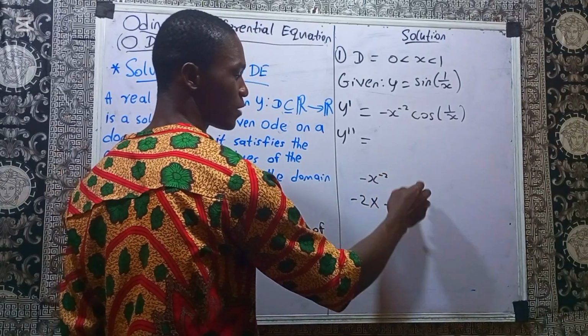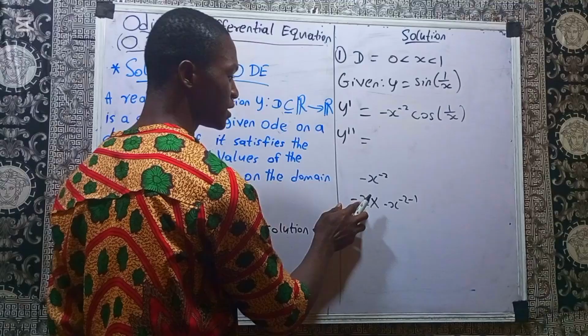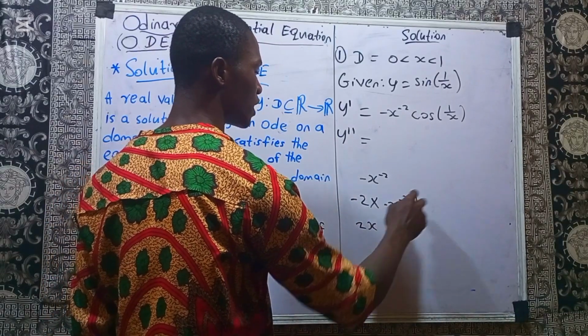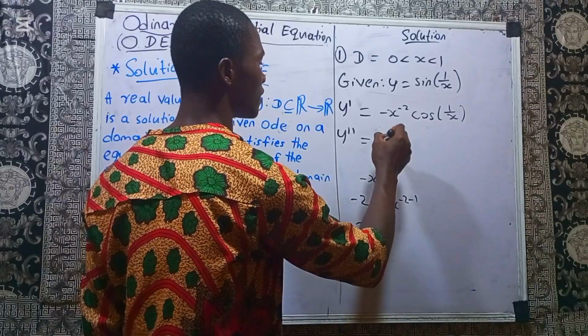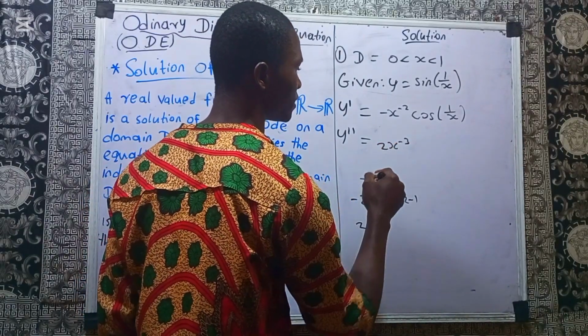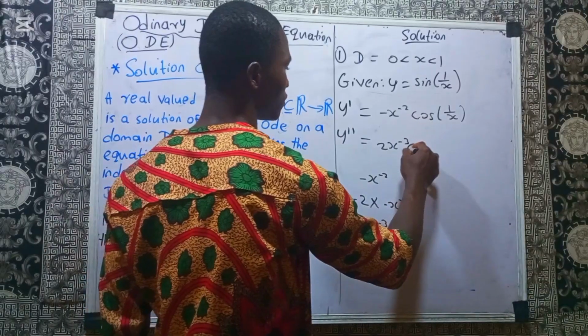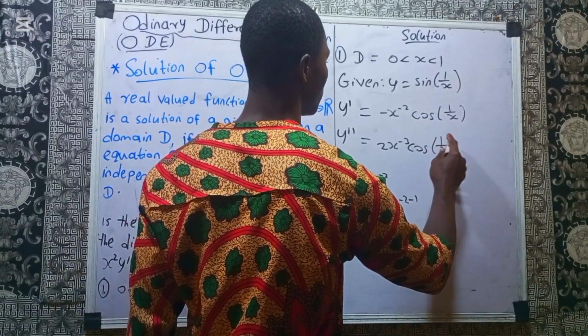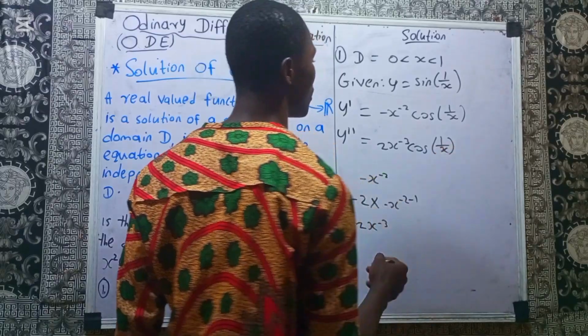You remove 1 from the power. So negative times negative is positive, 2x, then negative 2 minus 1 is negative 3. So you have 2x raised to power negative 3, and you are holding cosine of 1 over x.